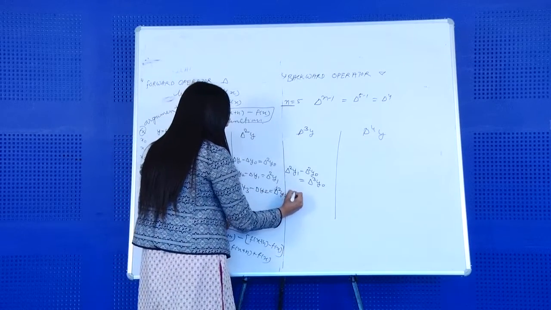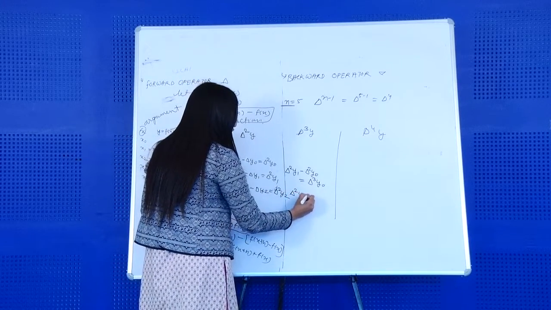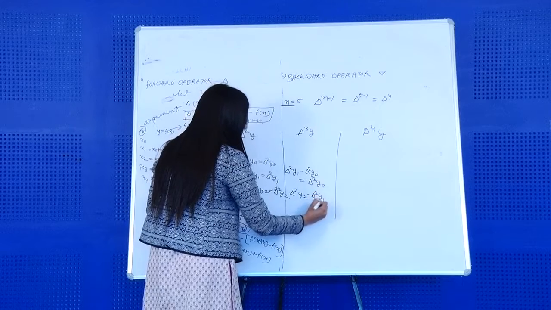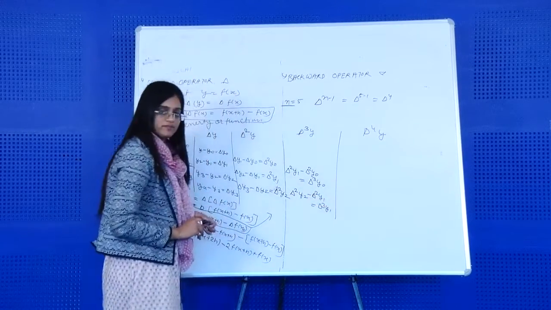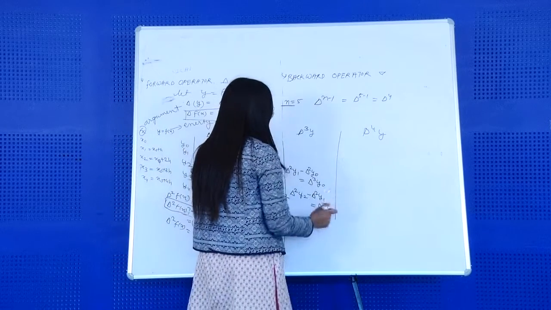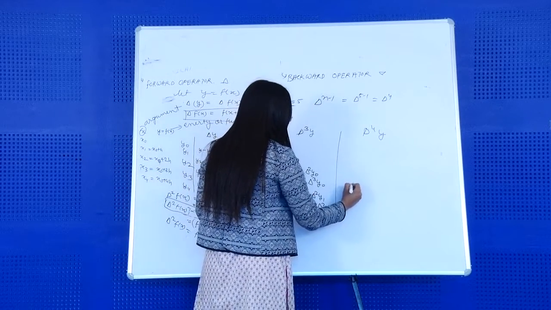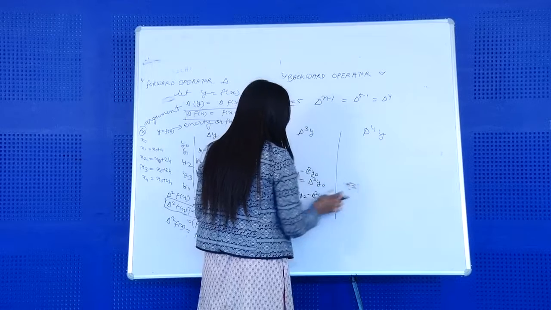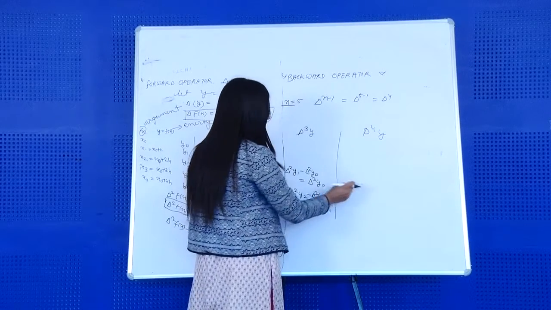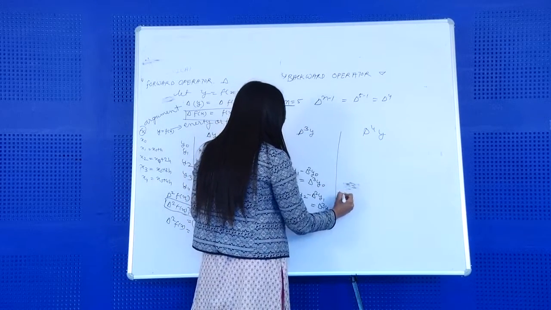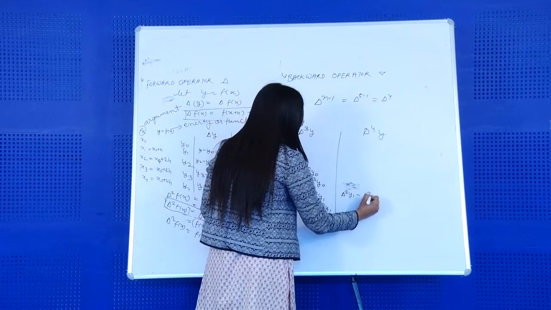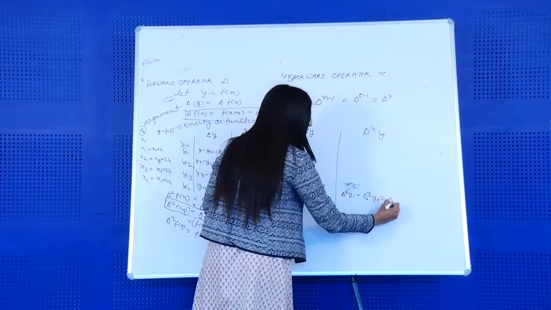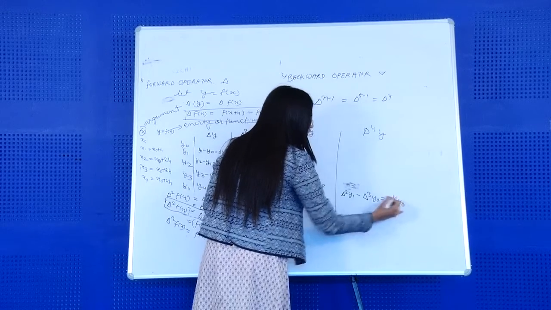For this, delta square of y2 minus delta square of y1 gives delta cube of y1. And the last column is delta 4, because this is again the difference between these two values: delta cube of y1 minus delta cube of y0, which gives delta raised to power 4 of y0.